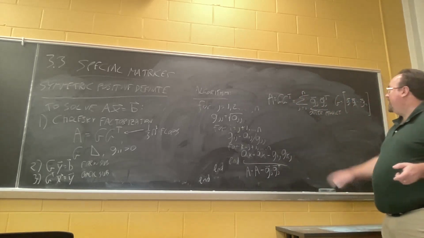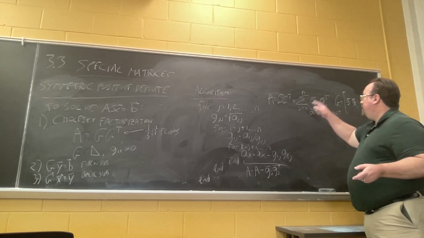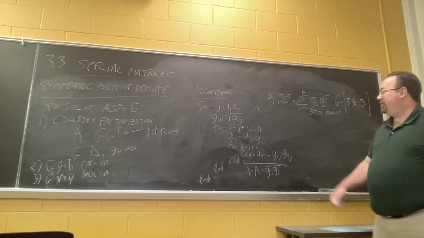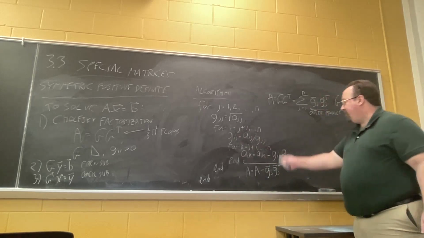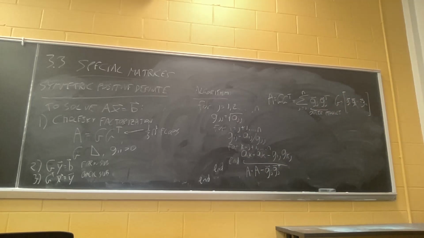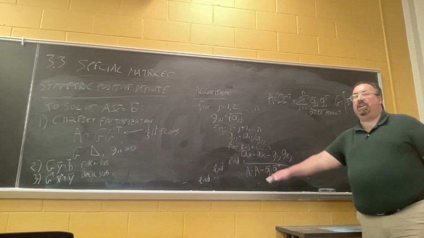So we compute G1, we subtract off G1 G1 transpose from A, and then we're working on the rest of A. Second time through, it'll compute G2, subtract off G2 G2 transpose, and keep going until nothing is left. So from a matrix multiplication point of view, this is what this algorithm is doing.